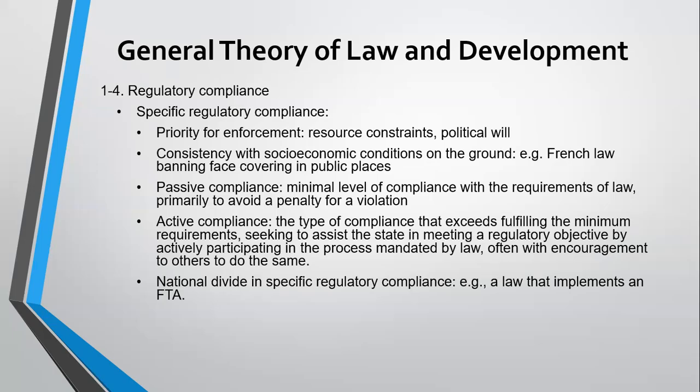There could be a national divide in specific regulatory compliance. So, for example, if there's a law that implements a free trade agreement, those who benefit from the FTA, such as importers, might encourage and actively comply with the requirements of the law, whereas the group of populations who stand to lose because of the free trade agreement, such as competing domestic producers, might resist.